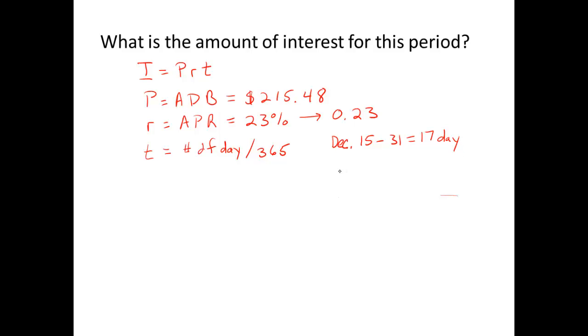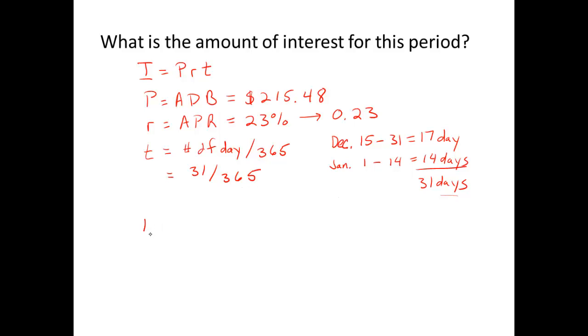And then we'll add to that the days in January on this period, which are the 1st of January to the 14th of January, which is 14 days, for a total of 31 days. So our time will be calculated as 31 divided by 365.